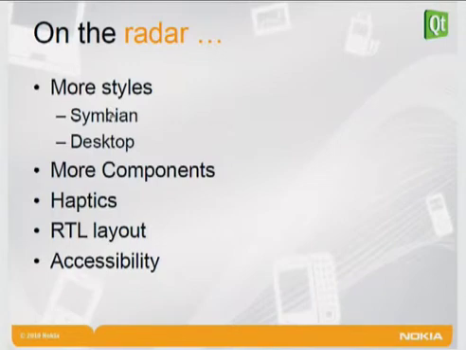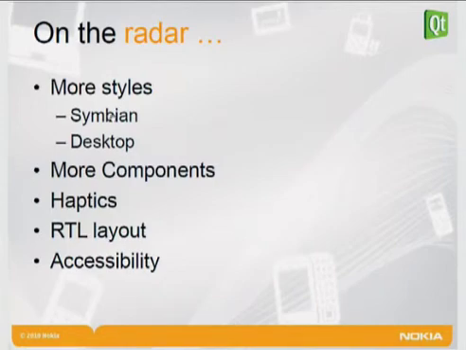Yeah, we naturally want to look at more components, as we are far from feature complete, and any of the examples I showed you is more like a prototype stage where we have something working, but we are far from reaching 100% compliance with what the native widget platforms already provide. We want to do the haptic support. That's one thing that is working currently for Meego, but we could generalize that.